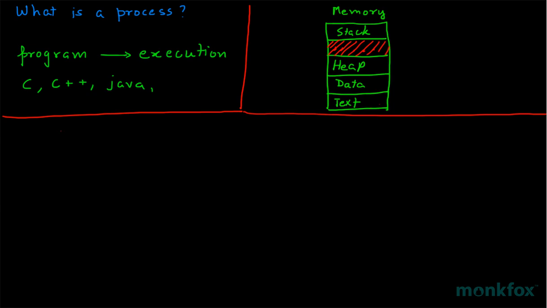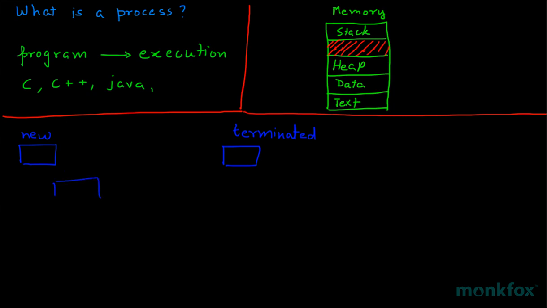Now, a process, right from when it starts till it gets terminated. So this is where a new process is getting created and here the process is getting terminated. In between a newly created process and the time that process gets terminated, the process primarily goes through three states.